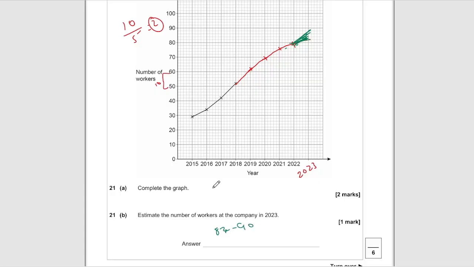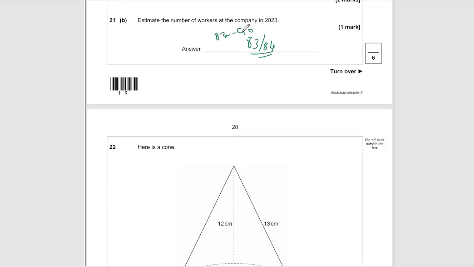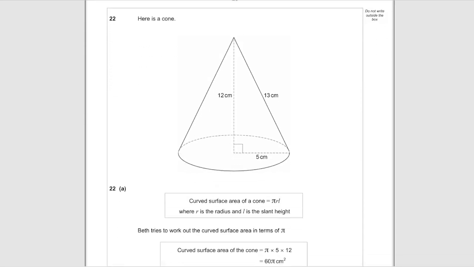So if I was to plot that graph myself and I was going to say where do I think it would go, I would carry that line on there and probably go 83, 84 is where I would plot it. But you've got a range of 82 to 90 would be your correct range, depending on where you've plotted it.